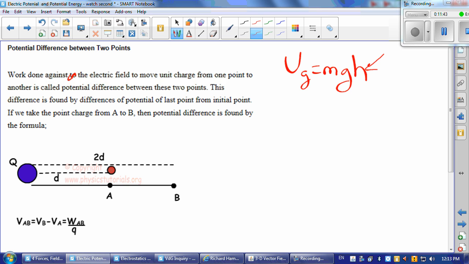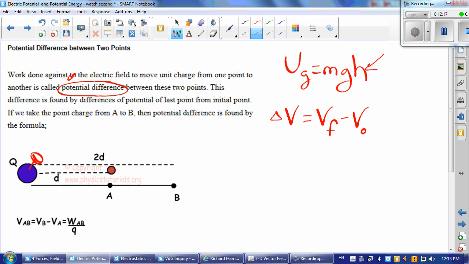So what we do is we tend to not look for the electric potential at one point. We look for something called potential difference. And the potential difference is very easy. Anytime you see a potential difference, it's simply final minus initial, just like it always has been. This difference is found by the differences of potential. So if we take a point charge from A to B, this Q is nailed to the board.